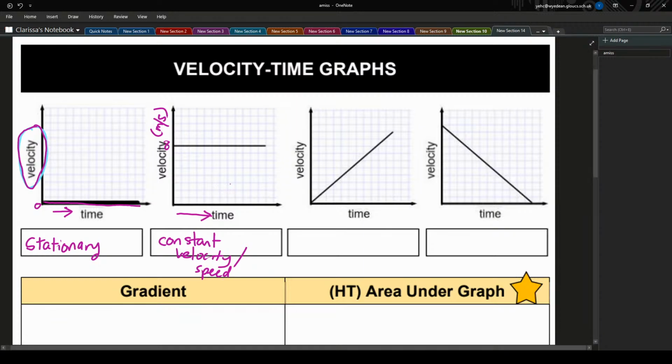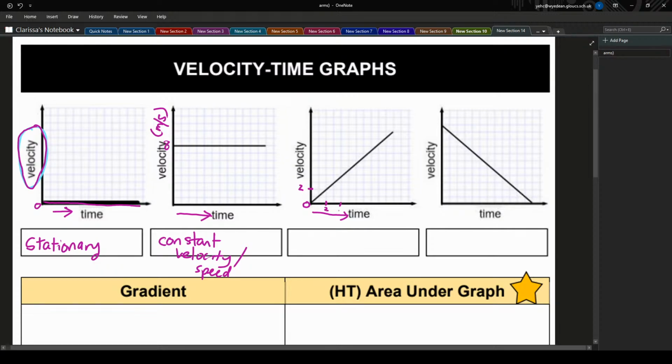Now, let's look at the next set though. As time increases, velocity went from 0 and is going up. And because it's a straight line, it's going up by a steady amount each time. For example, at 2 seconds the velocity was 2.